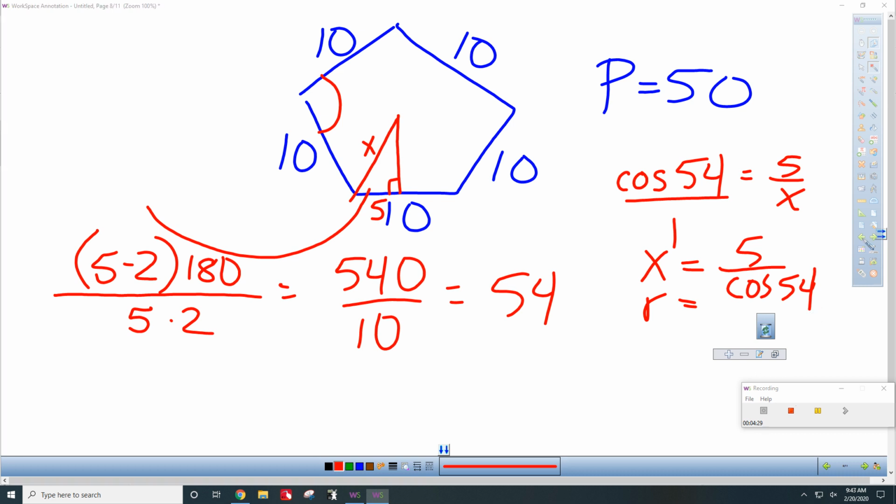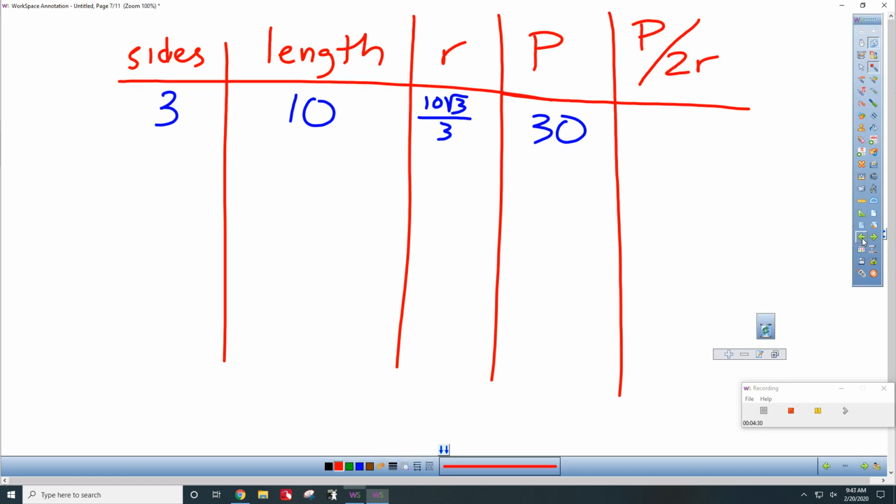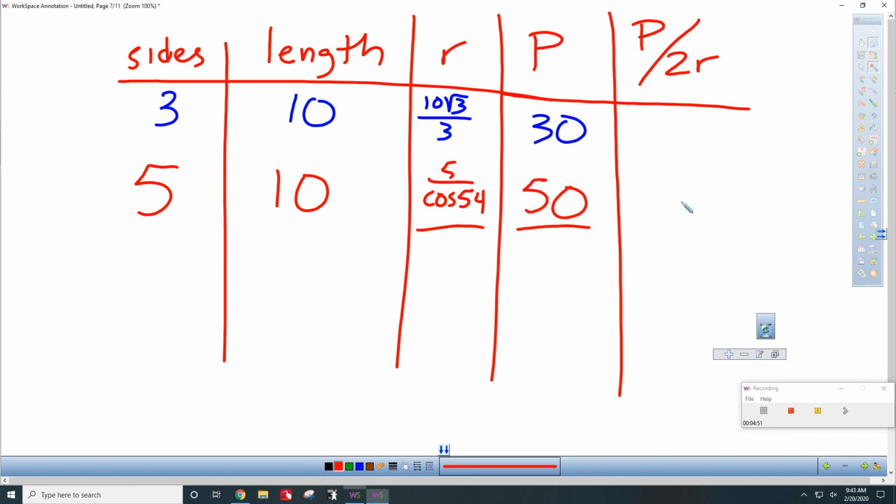So if we have 5 sides and a length of 10, our radius is 5 divided by cosine of 54. And our perimeter, we said, was 50. And then we're going to put this divided by this into that spot.